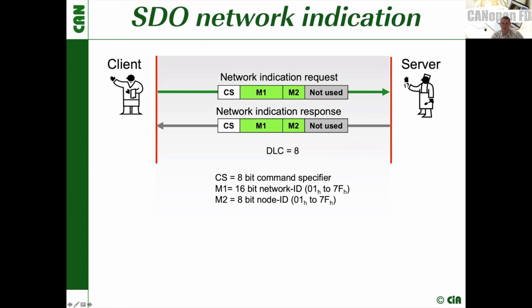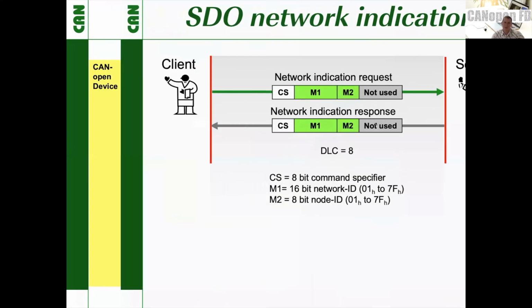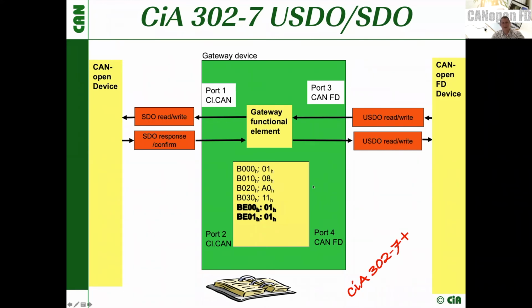So this means here we identify via the SDO network indication, which is specified in 302-7, to which network and there to which device, network ID, node ID, the next element of the SDO transfer shall be routed. I can use on the CANopen FD side the USDO to establish this transfer. So this looks like that. I make my SDO request, it's translated to a USDO and transferred back.